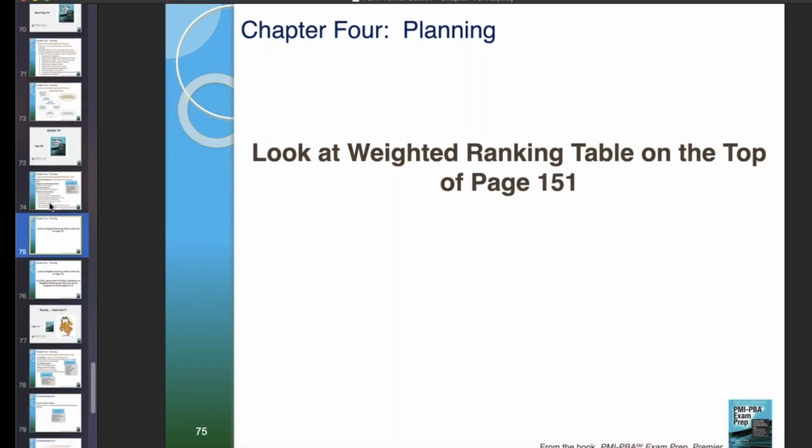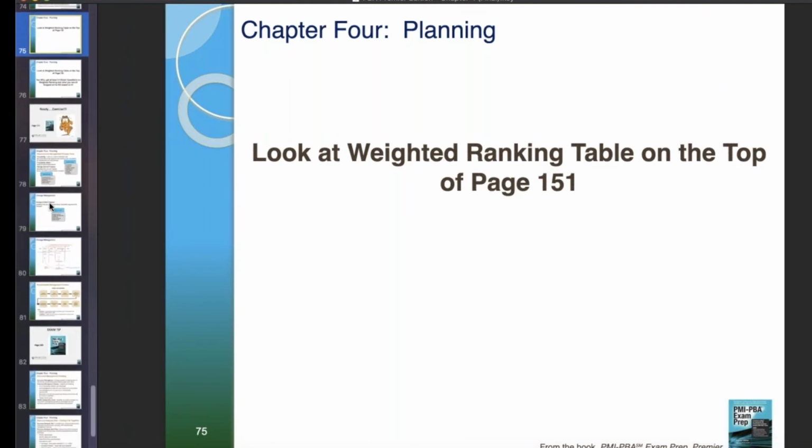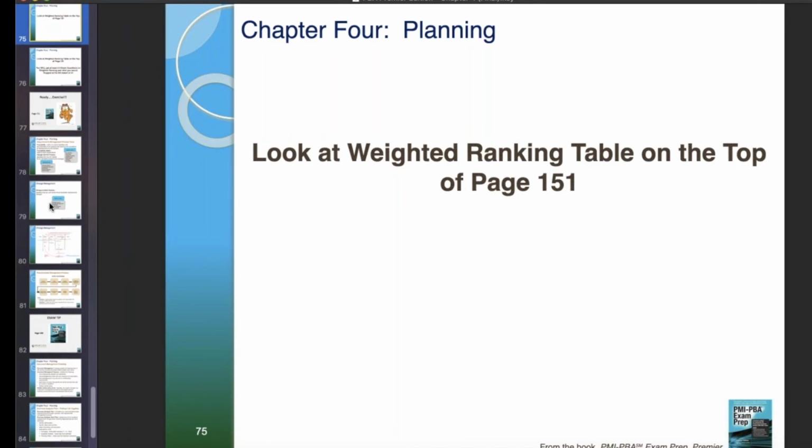Look at the weighted ranking table at the top of page 151. When we turn to 151, we see weighted criteria ranking. Folks, listen to me. You're going to get 5 to 6 questions on this on the exam. 5 to 6.